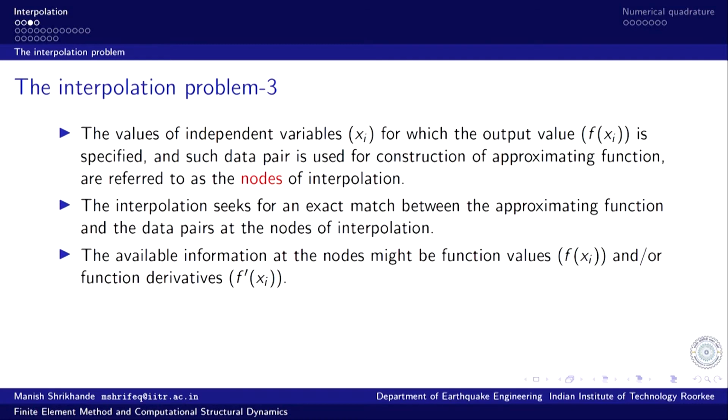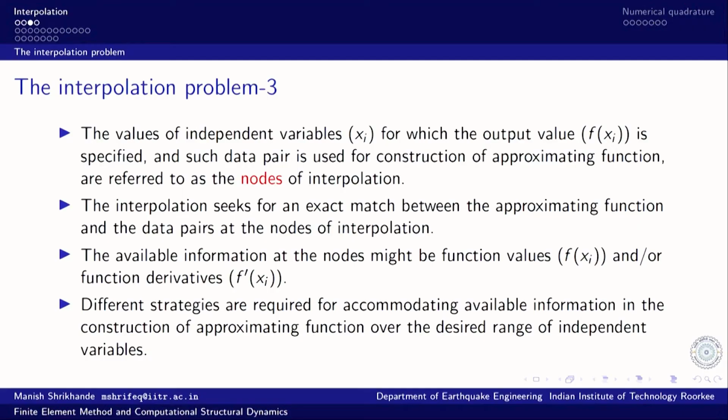So, I can have different types of interpolation, depending on whether I am looking only at agreement between function values, or whether, in addition to the agreement with the specified function values, I am also looking at agreement with the function derivatives. Different strategies are required for accommodating whatever information is available, and all that information is used for construction of an approximation function over the desired range of independent variables.